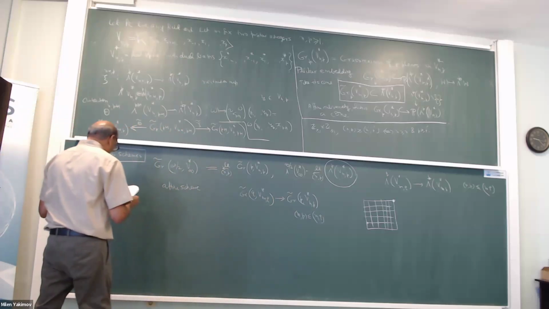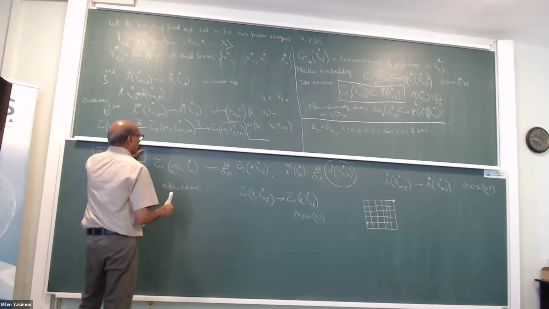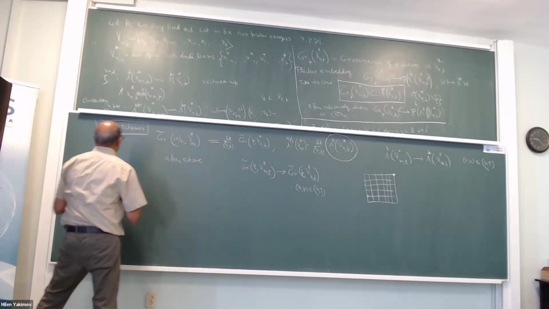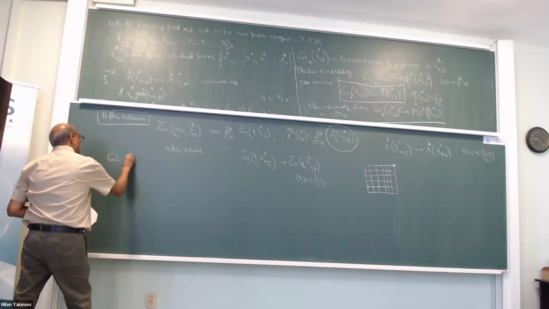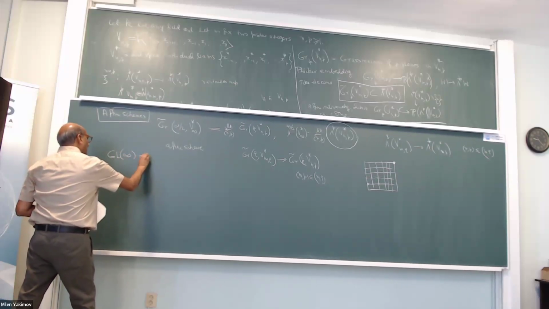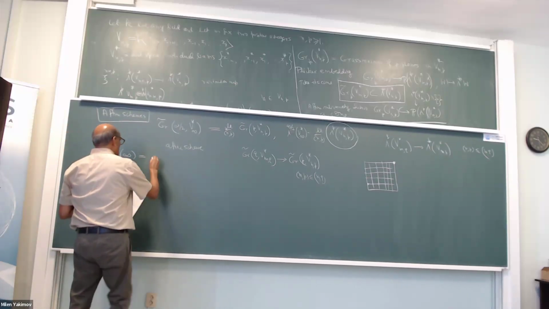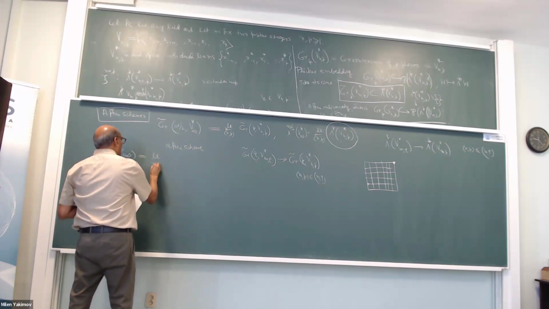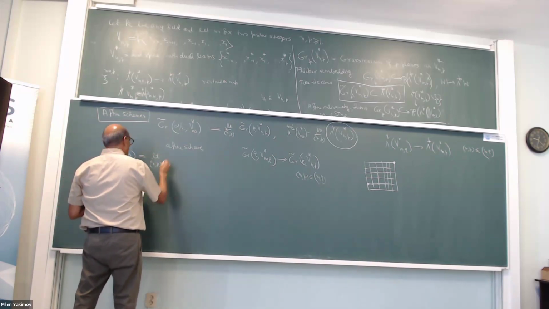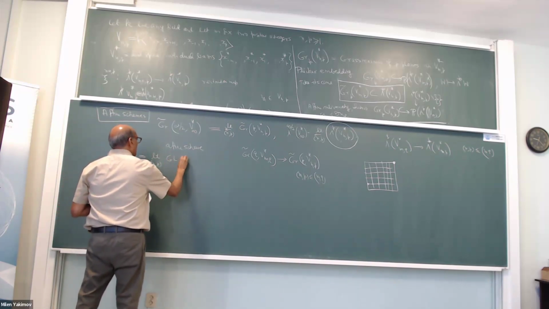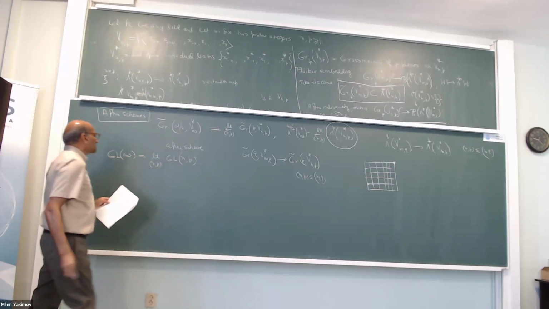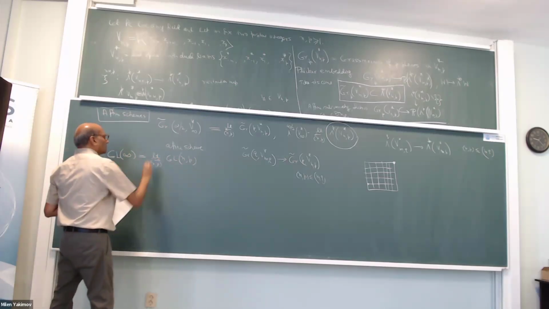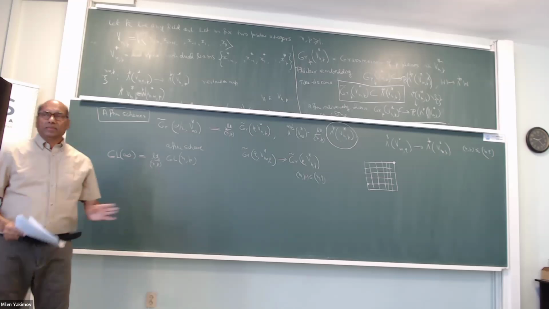Okay, so now the third object is GL infinity, our good old GL, and this is the direct limit of the GL n.